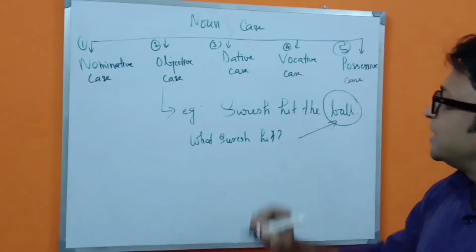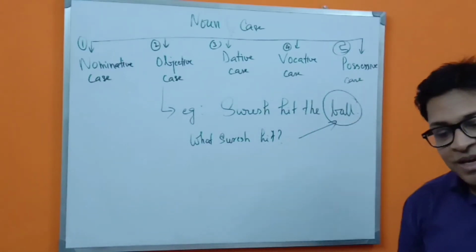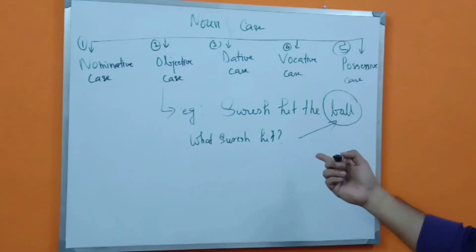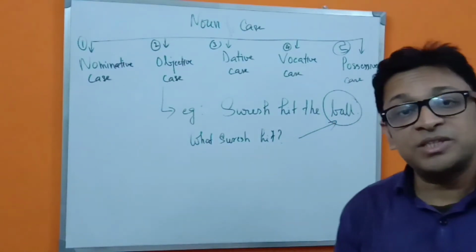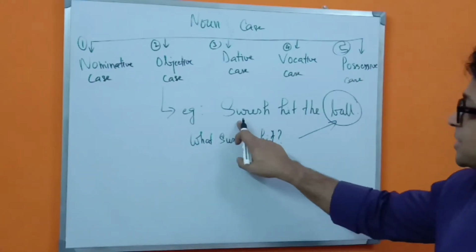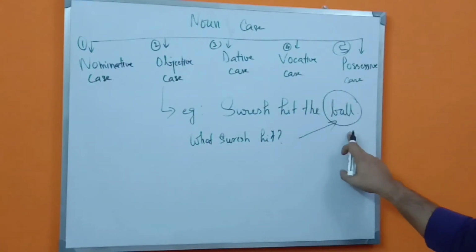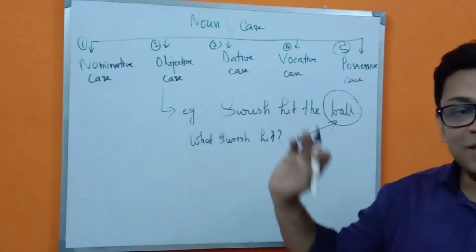That means it is our objective. You are getting the answer of what the object is on which the action of the subject is implied. The action of the subject is implied on the ball. Therefore, it is our objective case.